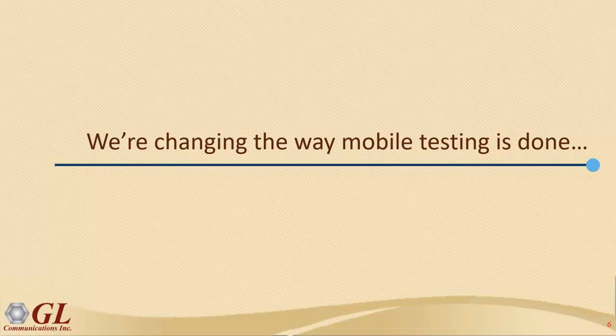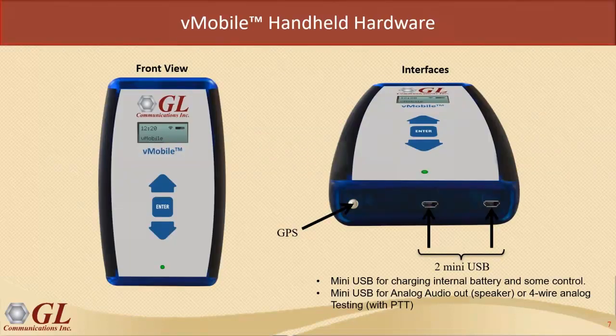So we're introducing what we call our vMobile. This is an ultra-portable device. You can see it's handheld. It's rather small, and it's got a very simple design, but very powerful inside.